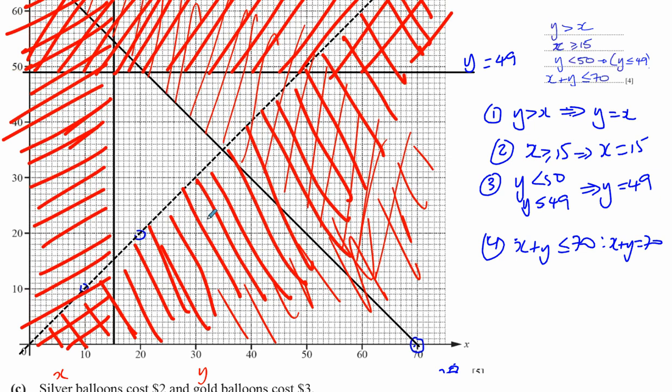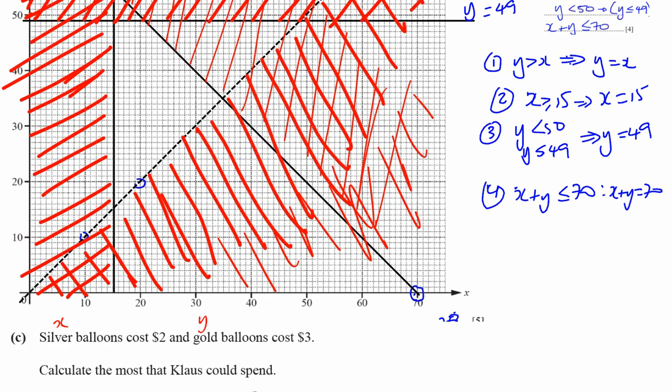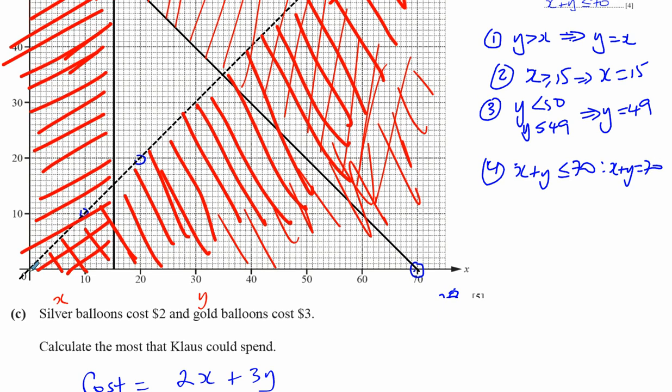And what we know is that the corners of the shapes give the maximum and minimum values for any particular situation. So if we're going to try and find out the cost, we know that 2 times the number of silver balloons plus 3 times the number of gold balloons gives us the cost of all the balloons altogether.